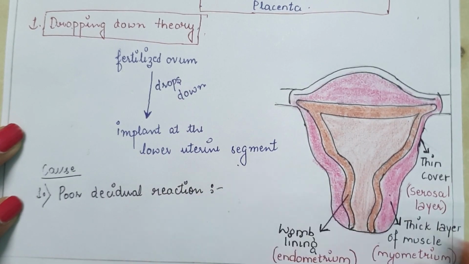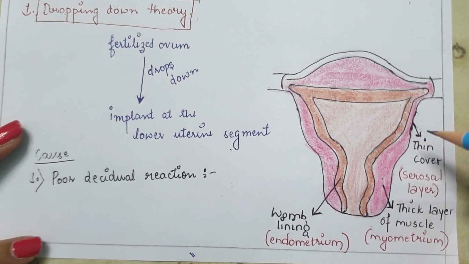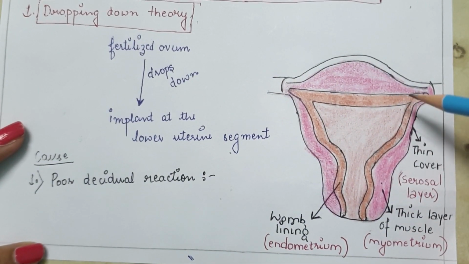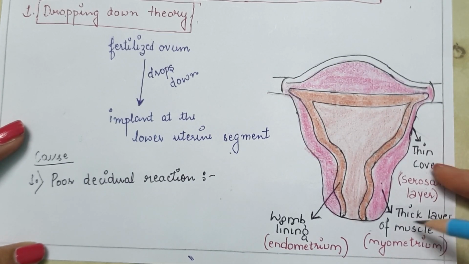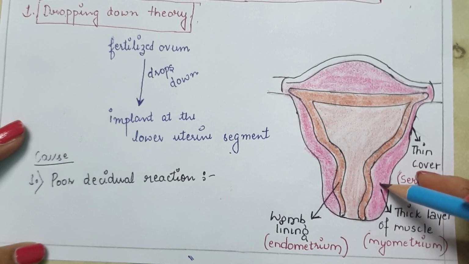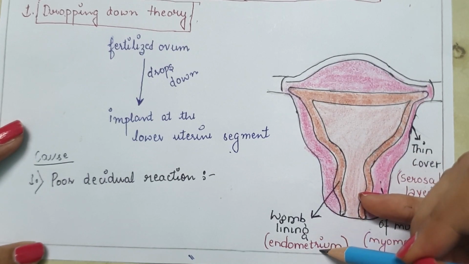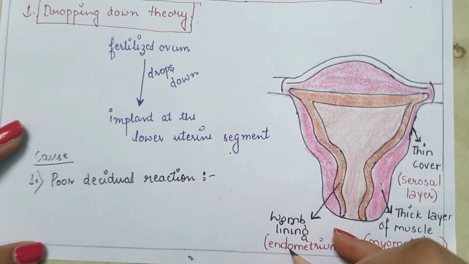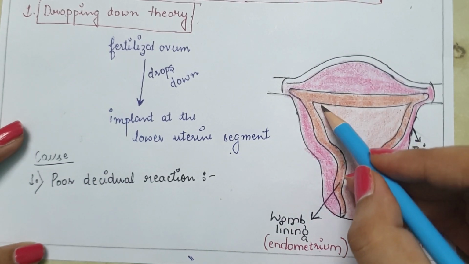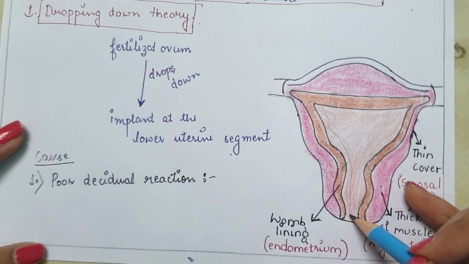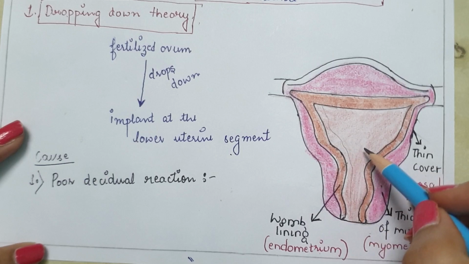First of all, what is decidual reaction? In this diagram you can see the 3 layers of the uterus. First one is the serosal layer, that is thin. Second one is the thick layer of muscles, that is the myometrium. And this is the inner lining in the brown color, that is the endometrium. During pregnancy, changes occur in the endometrium, and this layer becomes thick so as to provide proper nourishment to the fetus.